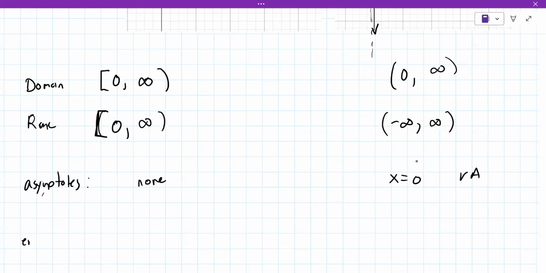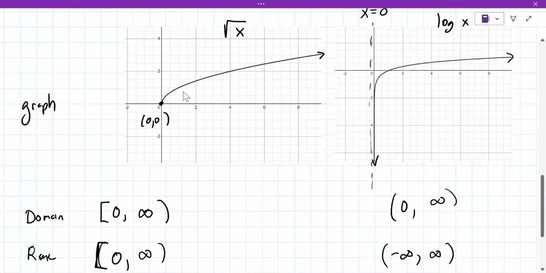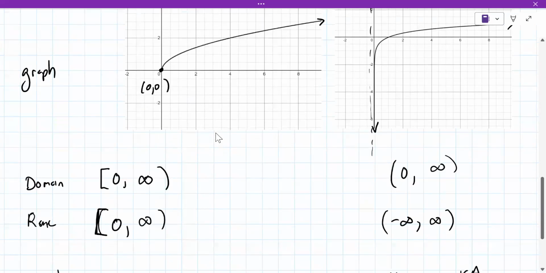And then end behavior. This is as x goes to infinity, meaning to the right. So let's go back up to the graph and imagine tracing it to the right. If you were to trace this graph to the right, what happens to the y values as you go to the right? They increase.